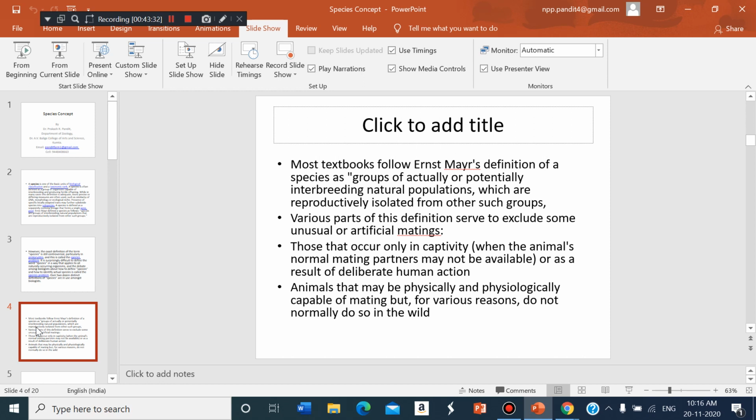Because whatever definition we put for the species, it holds good for sexually reproducing individuals. But the same definition fails when it comes to asexual reproduction, parthenogenesis, amitosis. So that's why I have told you no definition is perfect.